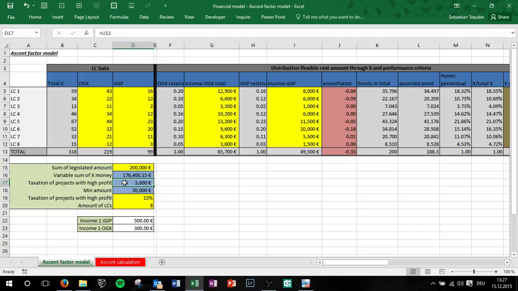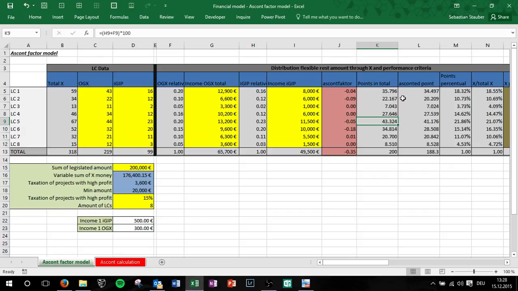If you have specific projects from the LCs which are very profitable, you should tax that, for example 15%. This needs to be legislated by the National Plenary. So 3,600 are taxed by the projects, and the minimum amount you can legislate as well and distribute equally among the LCs. The rest needs to be distributed in the flexible model, which is this part here.